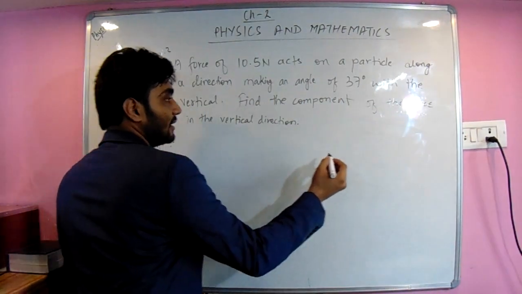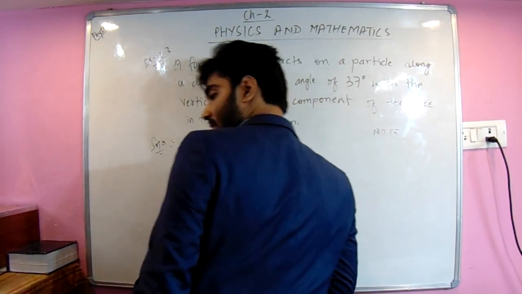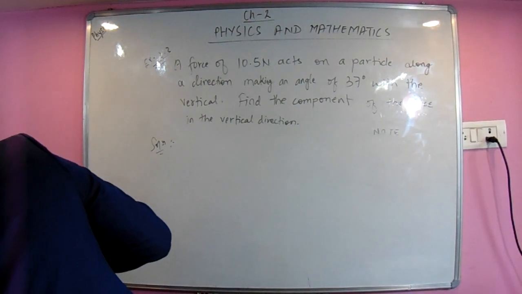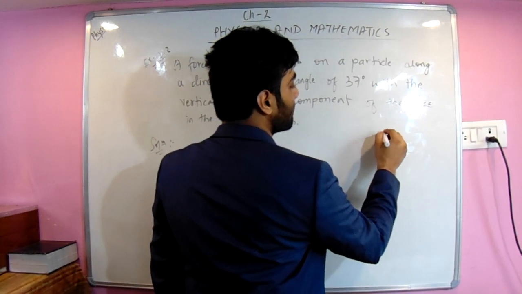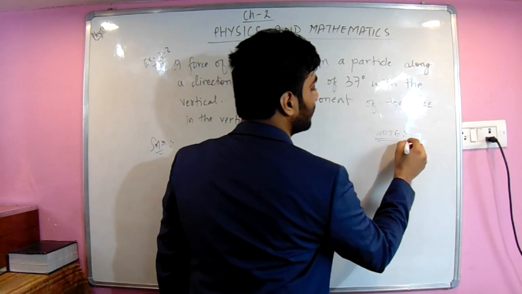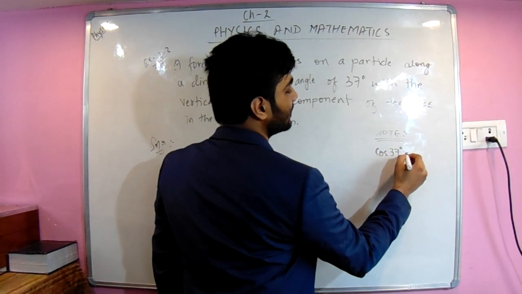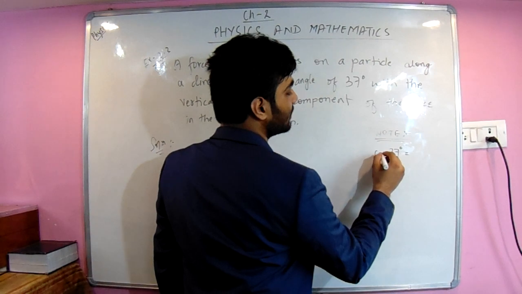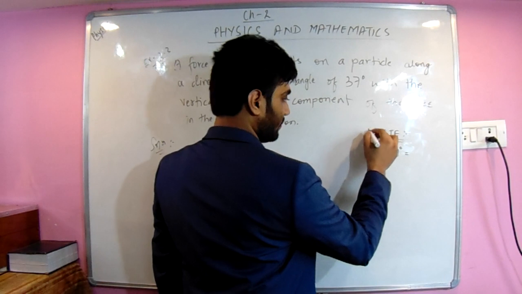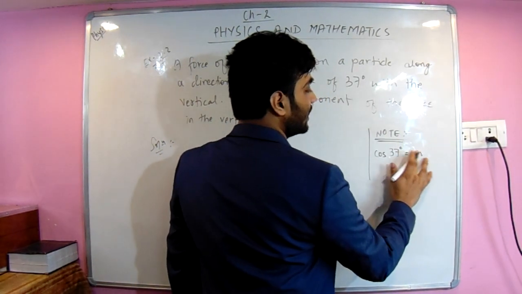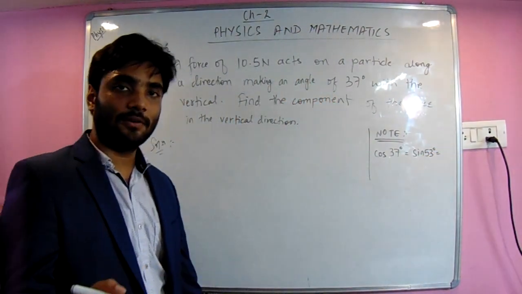So first some knowledge note. Note that cos of 37 degree is equal to sine of 53 degree.